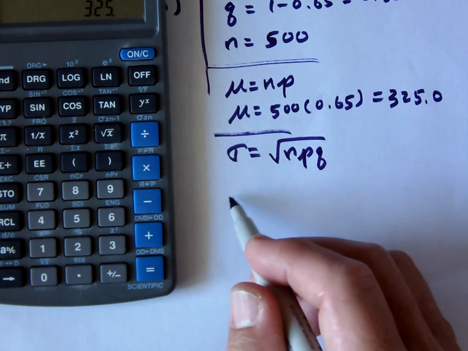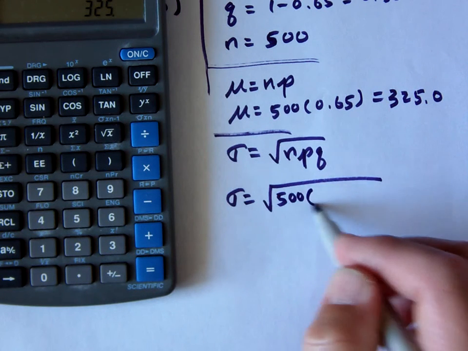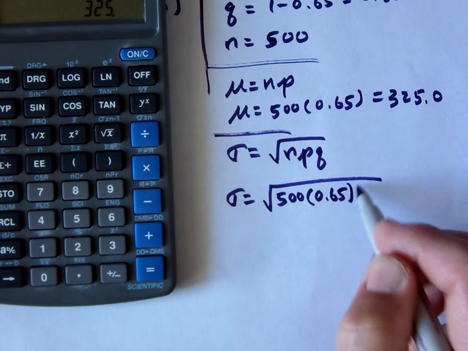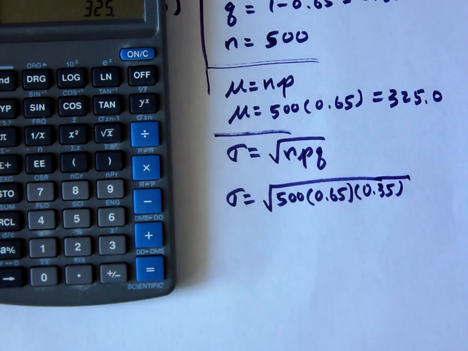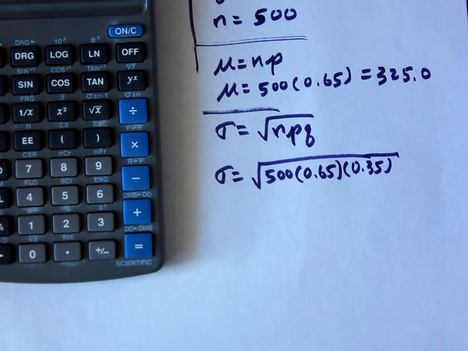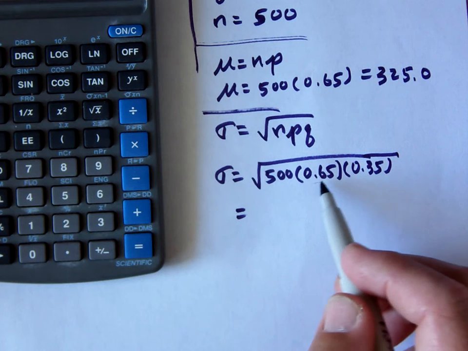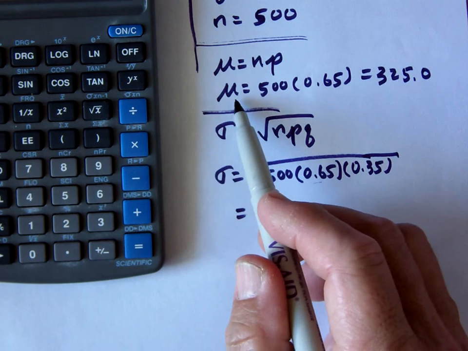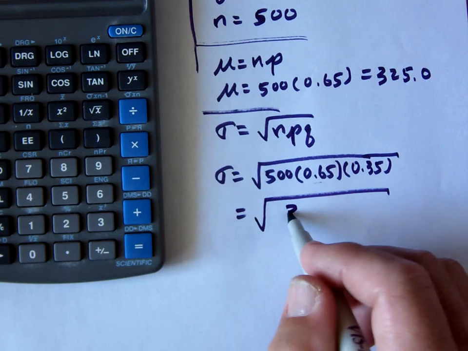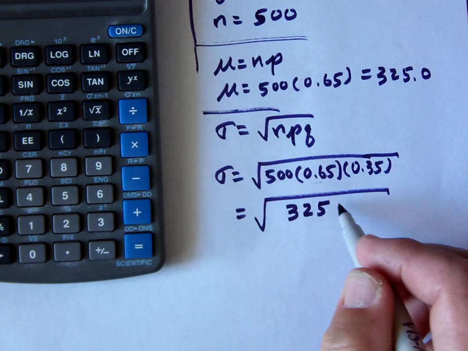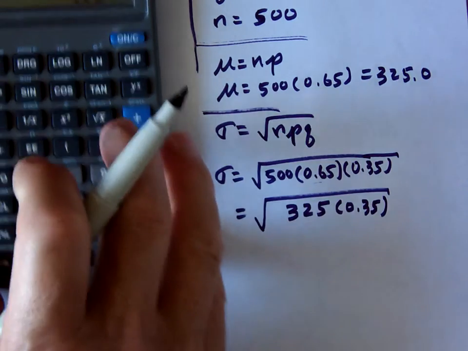So for this problem, it is 500 times 0.65 times 0.35. We already computed 500 times 0.65 as 325, so I can simplify this by putting 325 times 0.35 and square rooting the whole thing.